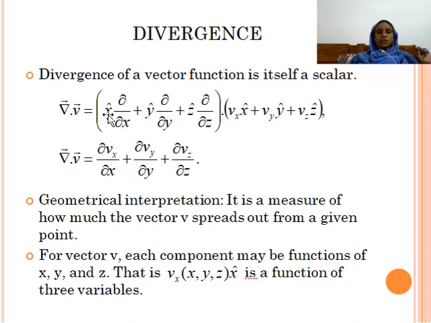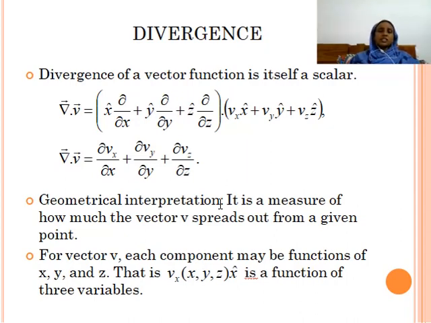So dou by dou x dot vx x cap gives you dou vx by dou x. Plus like components, y cap with y cap, so dou vy by dou y, plus dou vz by dou z. This gives us the divergence of a vector function v.